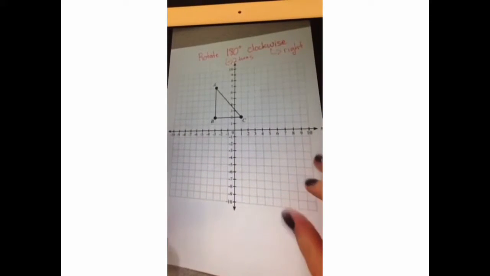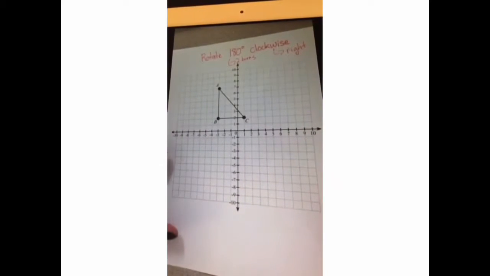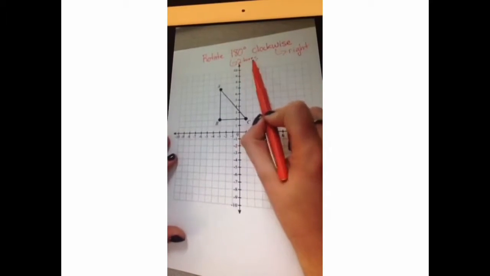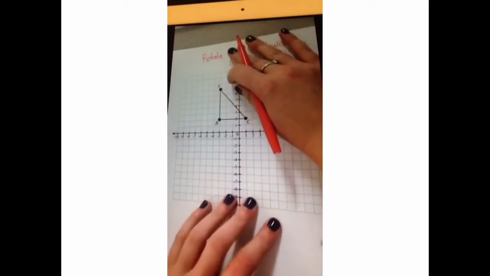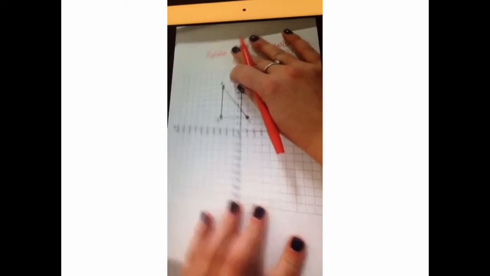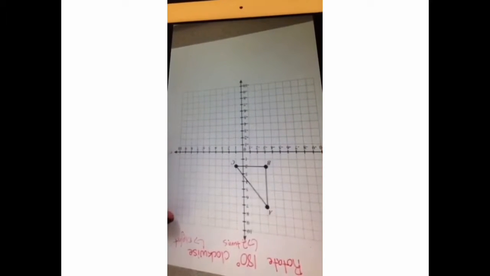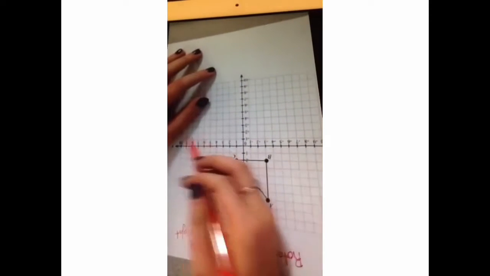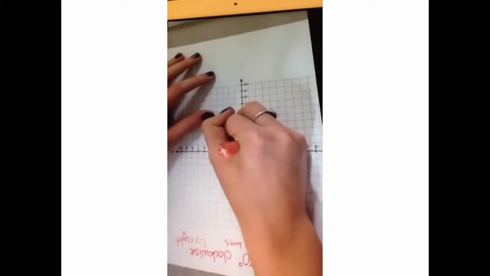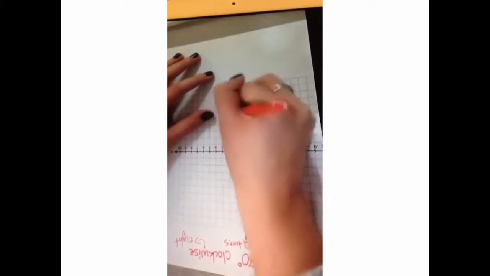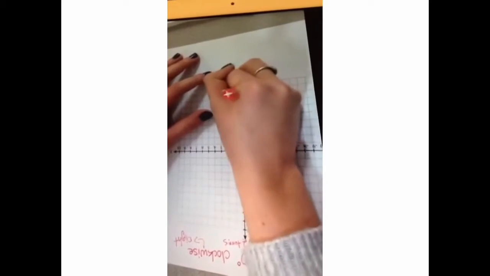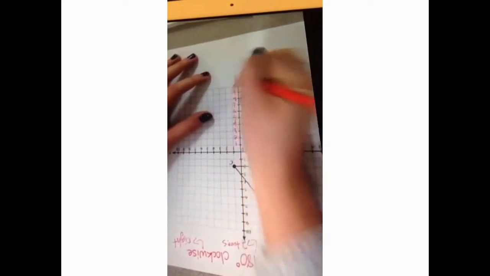Now, my very first step is to turn the graph the number of turns. Well, we just said it was going to be two turns and that it was going to be to the right. So I'm going to take my paper and turn it two times to the right. 1, 2. My next step is that I'm going to relabel my graph. So this is my y-axis, this is my x-axis. This doesn't have to be beautiful, but you do have to be able to see all of your points.